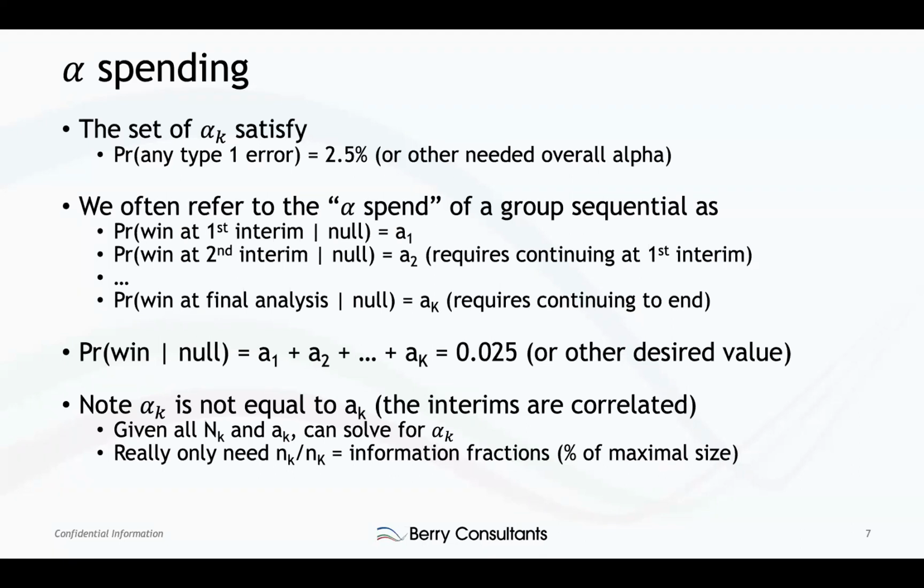If I have a 2.5% budget and I spend 2.4% of it on the first couple interims and don't save anything till the end, then I get to the final analysis less, but I also don't have enough alpha left over, so it's not highly powered. So it really depends on how you pick these values of alpha.